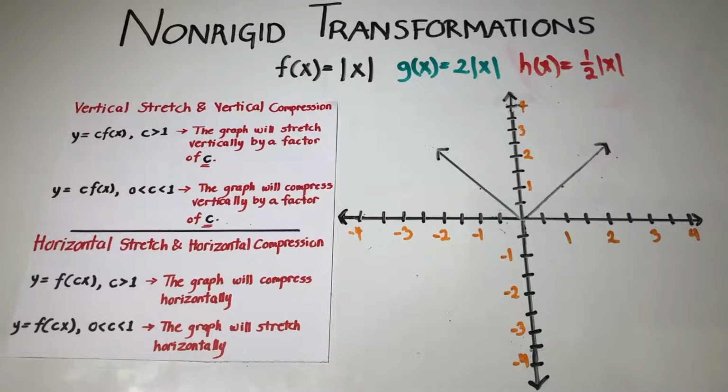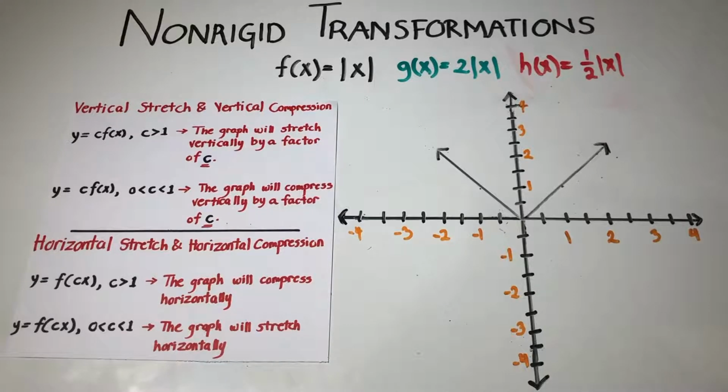But before I begin, I'm going to briefly introduce two concepts that can help us distinguish between the kind of transformations that can occur to graphs. In a previous video, we discussed how a graph can have horizontal and vertical shifts, as well as reflections. But these kind of transformations are called rigid transformations.